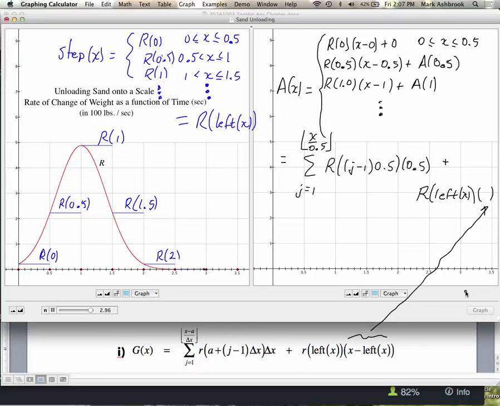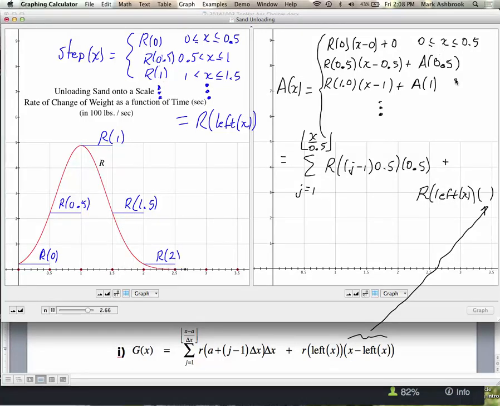But just think of the idea that you need all the accumulation in that first interval added to whatever new accumulation you have, k delta x. So in spirit, this is right, and that's what we care about, okay? There's an issue with the less than or equal to, but don't let that distract you.